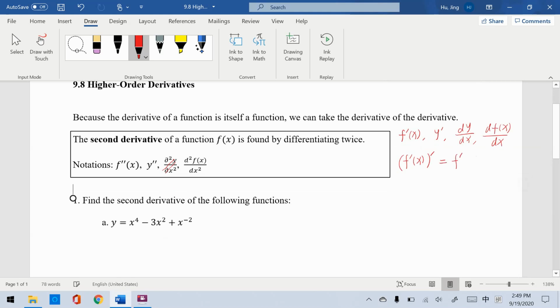A single quotation mark is prime, then another one, a double quotation mark, is the second order derivative. Or y prime and another prime, second order. Or we could write the 2 as a square in the exponent, and the same thing for f of x. So that's the second order derivative.